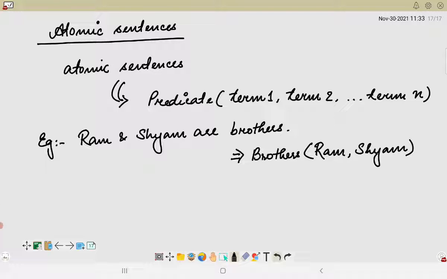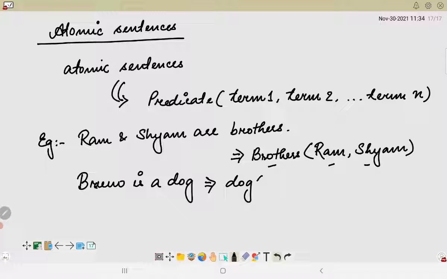That means we have a single sentence, and this can be converted into first order logic by considering a predicate and the terms inside that sentence. Let us take another example: Bruno is a dog. Here we can use another predicate, dog, and then Bruno. So this is how we can represent atomic sentences.